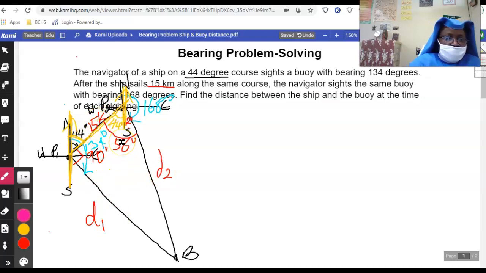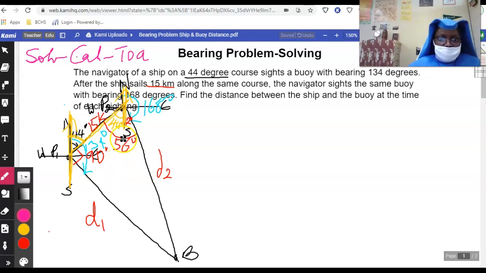So if you reconsult the SOHCAHTOA, we have opposite and adjacent, because we cannot use the hypotenuse and opposite because they are both variables. So opposite and adjacent, so that's TOA.